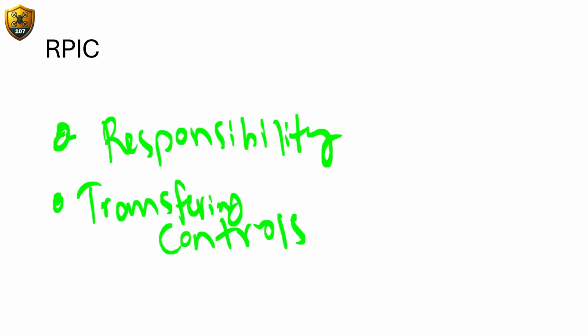So now let's talk about the responsibility and transferring controls. The RPIC is always responsible for the entire mission and must be designated, right? This person must be designated before the mission. Who's the RPIC must be clearly defined for the mission, and they hold the final authority to make decisions during the mission.